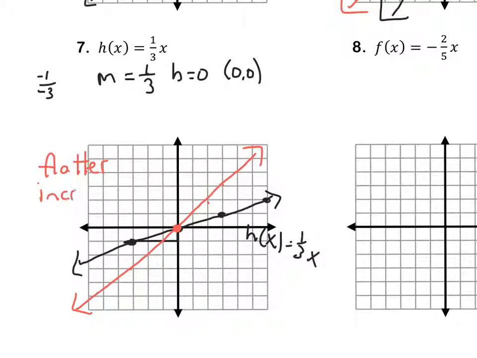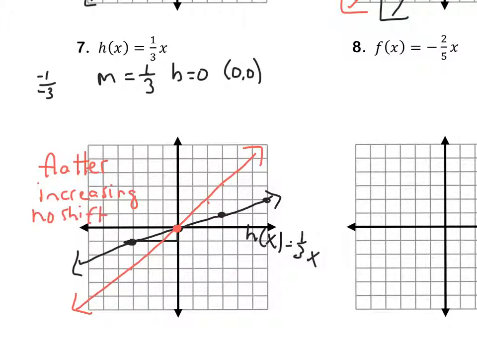I didn't add that into the other ones, but I think we have to go back and tell on all of these whether it's an increasing line or a decreasing line. So what that means from left to right, is the line increasing from left to right or is it decreasing? And so this line is increasing. So there is no shift at all. It's flatter and it's an increasing line. And then I think you should put no shift.